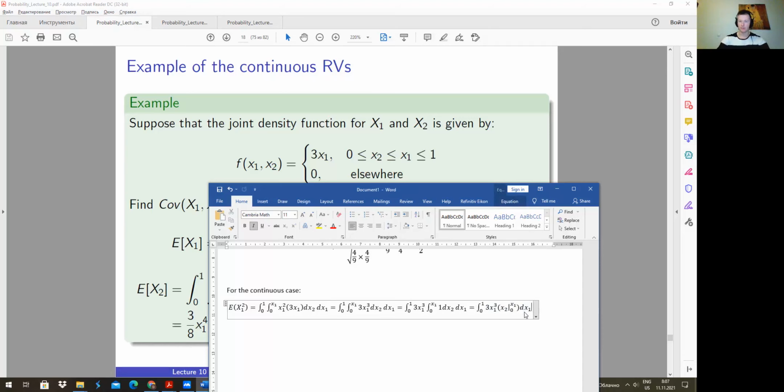So I have finally this 3x1 to the power of 4 dx1. And the integral of this thing is what? It's 3 over 5 x1 to the power of 5 from 0 to 1. And it's simply 3 over 5. Okay, so this is the expectation of x1 squared. And it gives me a chance to calculate the variance of x1 squared.